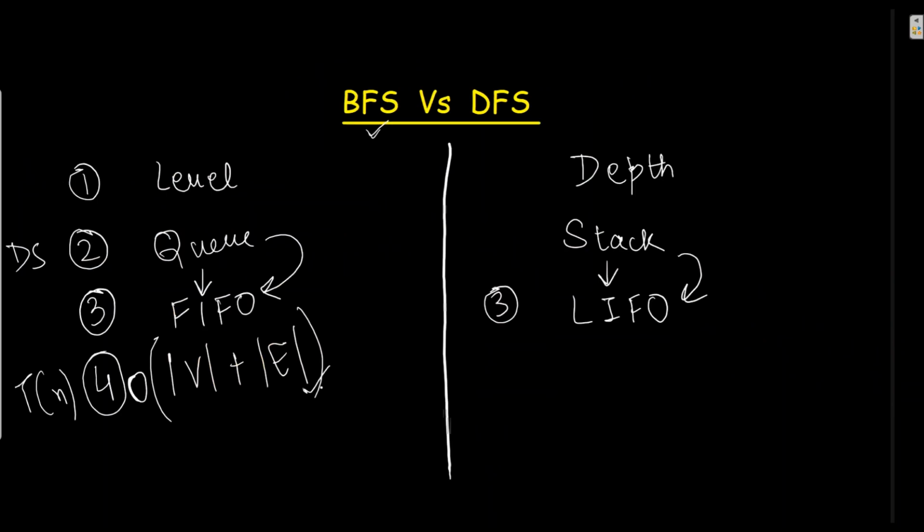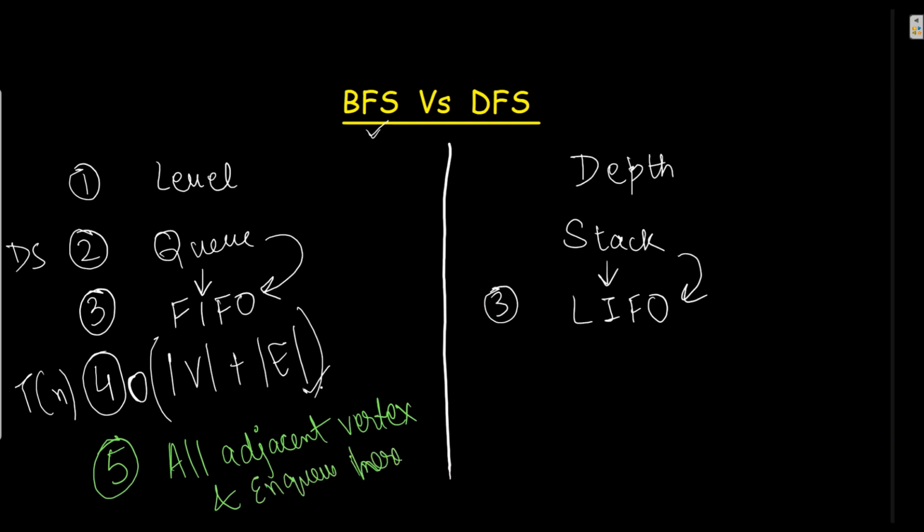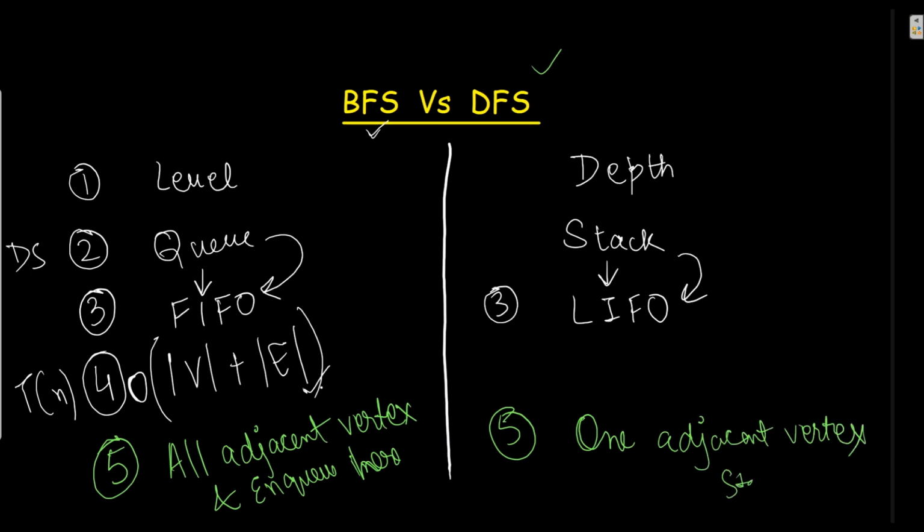In BFS we take all adjacent vertices and enqueue them, whereas in DFS we take one adjacent vertex which we push into the stack.